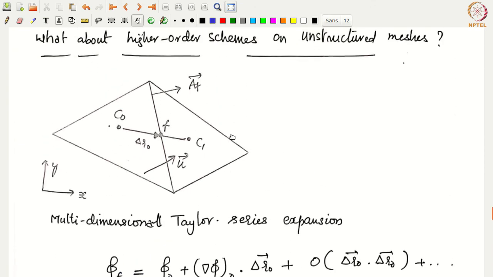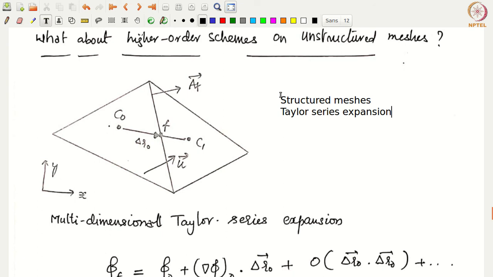In the context of structured meshes, we have used the Taylor series expansion, and not only the value of phi P, but also partial phi by partial x and partial square phi by partial x square. All these things are evaluated using central difference schemes, let's say if you want to do a QUICK scheme or something like that.